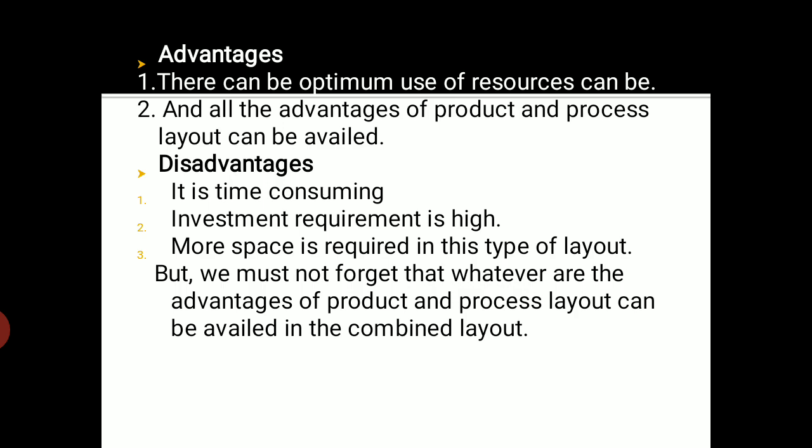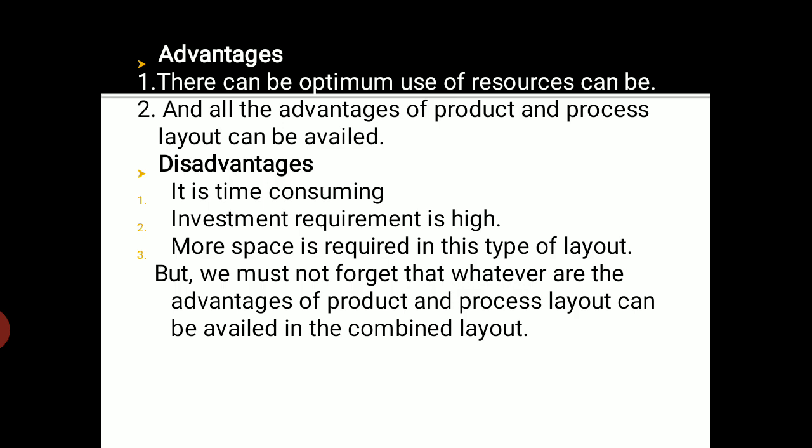Because if I am a manufacturer, if I want multiple products produced, if I want variations in the goods, and at the same time I want to make use of all the resources available, my product is product oriented also and process oriented also, then at that time combined is the best layout situation for me.